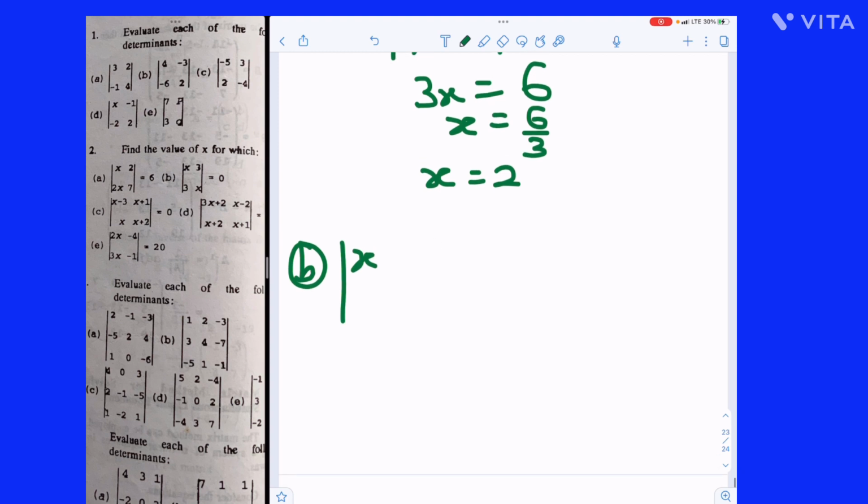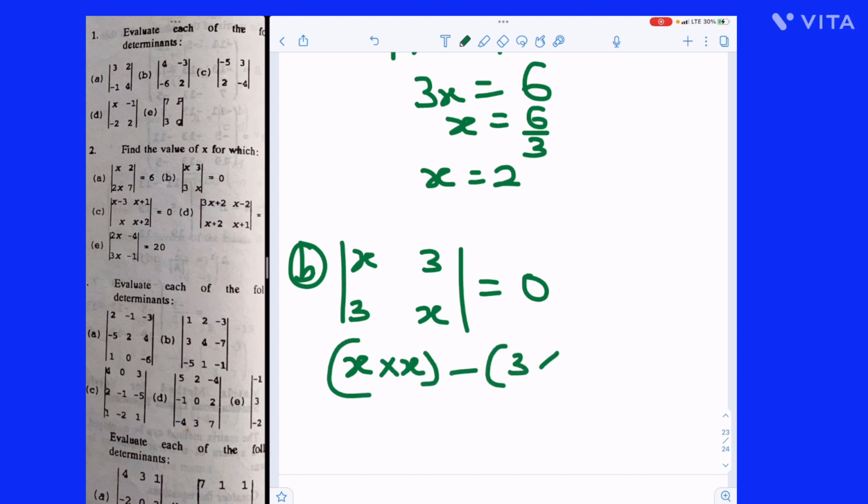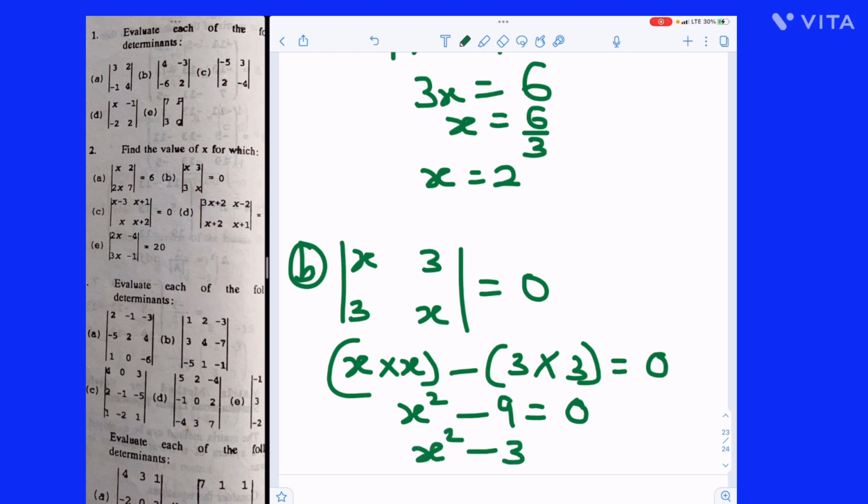x, 3, 3, x is 0. So if this determinant is 0, what is the value of x? So x times x minus 3 times 3 is 0. X times x is x squared. 3 times 3 is 9. So x squared minus 9 is 0. So x squared minus 3 squared is 0. 9 is 3 squared.